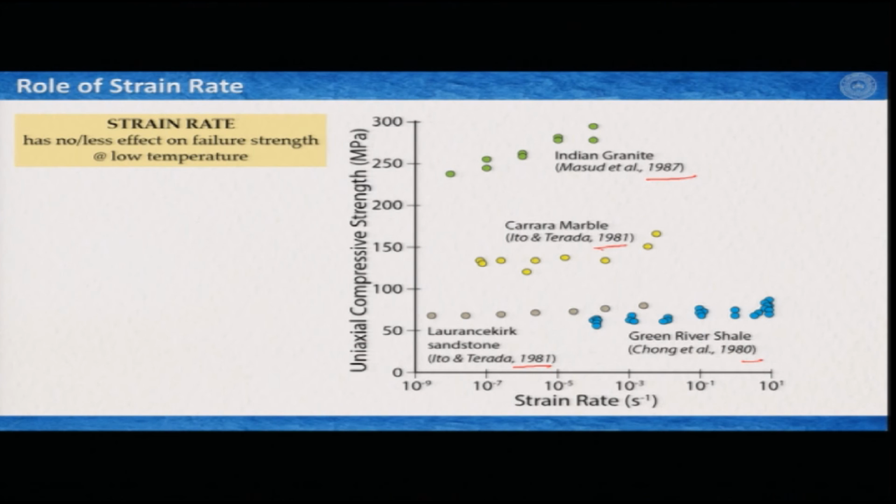For example, we can consider another marble, a very famous marble that people use for experiments, Carrara marble. Here the strain rate was increased from the order of 10 to the power minus 7 to almost 10 to the power minus 2, and the flow strength was more or less constant. So, strength at low temperature is not a function of strain rate.